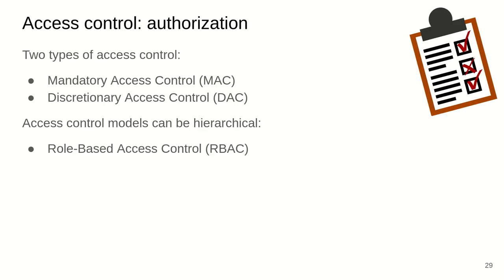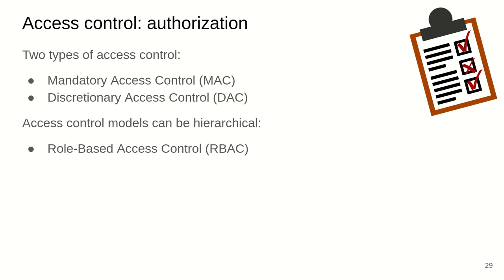There are different kinds of policies for authorization, and we'll discuss two fundamental types of access control: mandatory access control, MAC, and discretionary access control, DAC. These access control models can be hierarchical and form role-based access control models, as in RBAC that we'll look at.